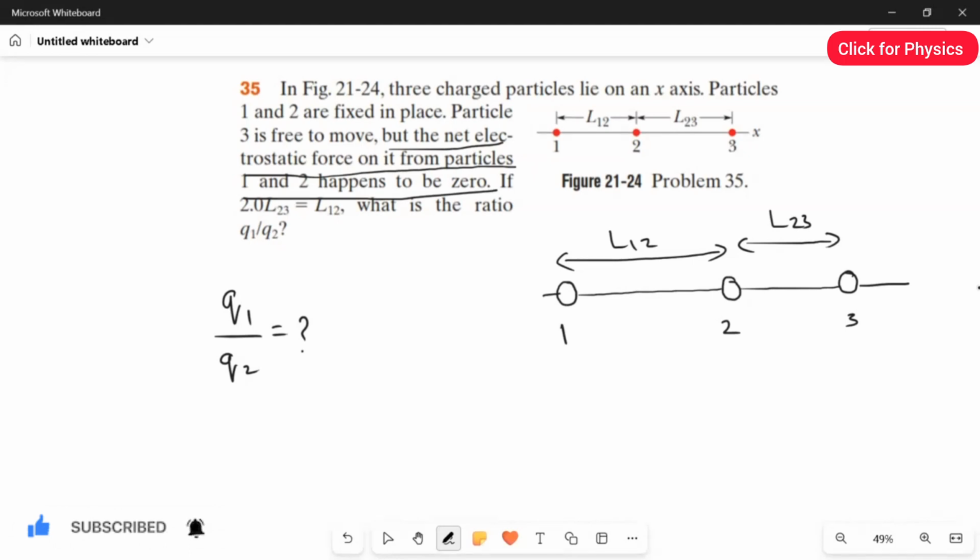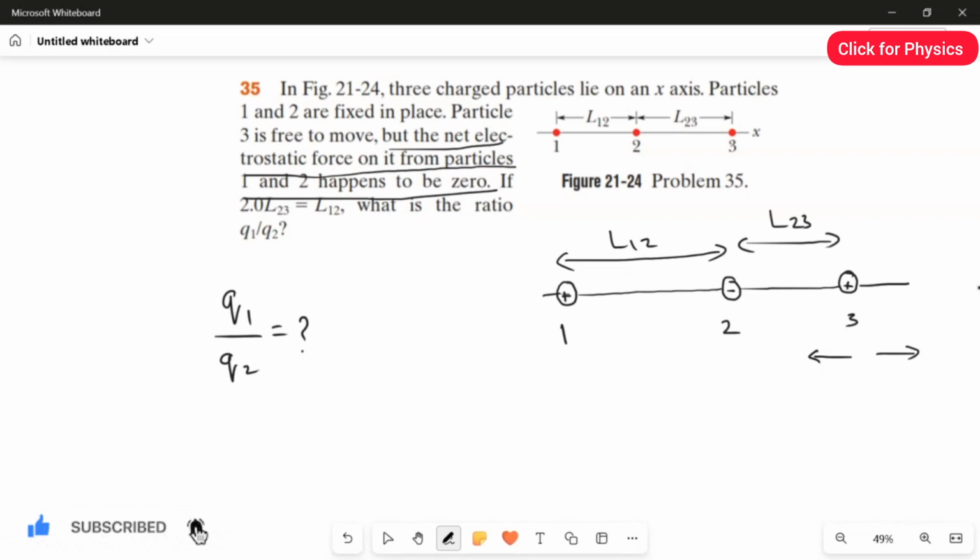That means how will you get the diagram? When the first particle interacts with the third particle, maybe you will get a diagram like this. For example, let's take this one as positive, and this one as negative. The third particle, let's assume it's positive. So the first particle here is positive because they did not mention anything.